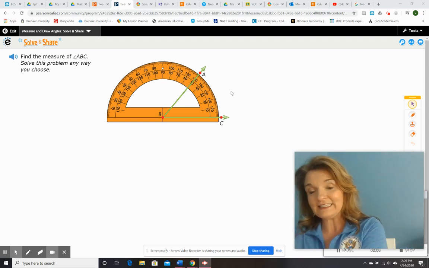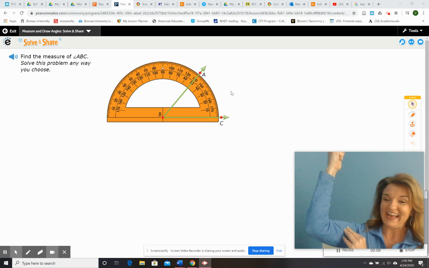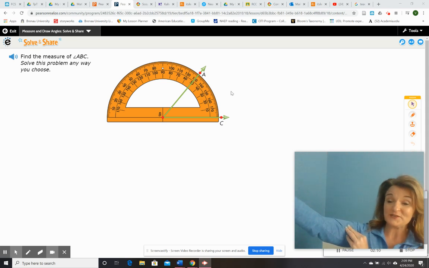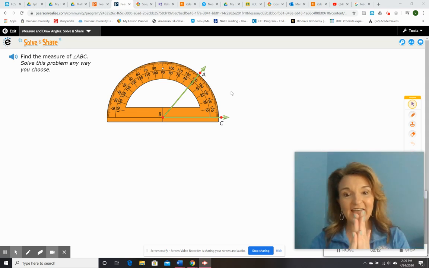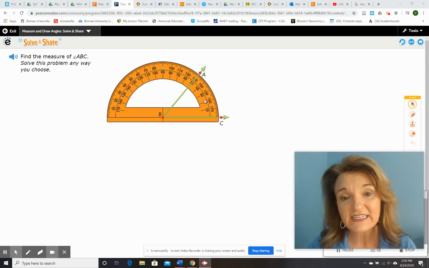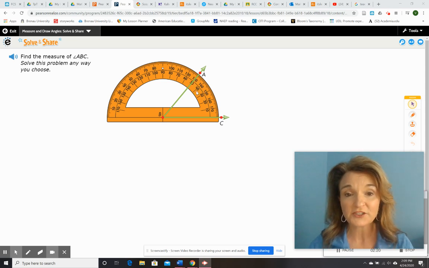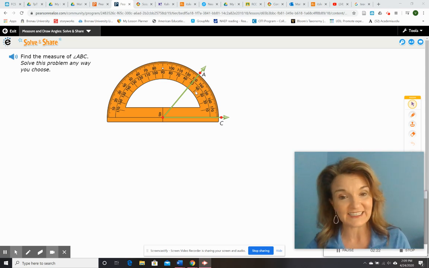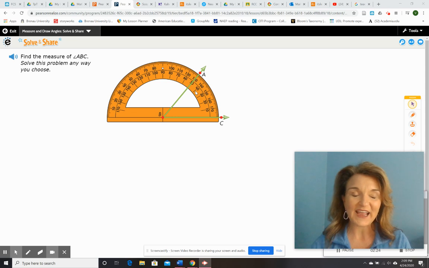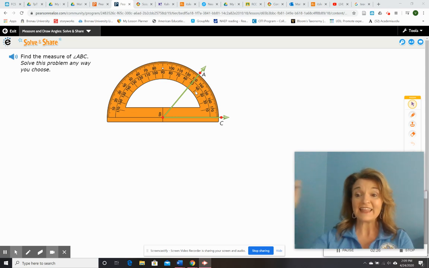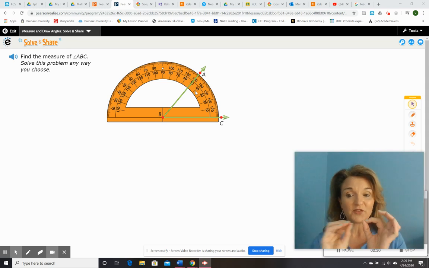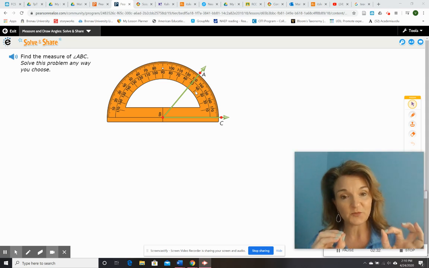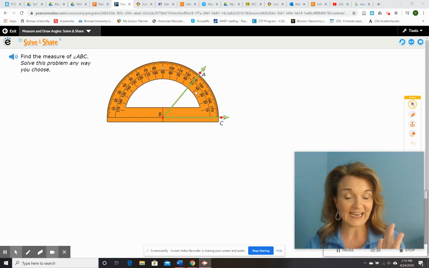There's the 90-degree angle, and then there's the obtuse angle. If I have an angle that is acute, which means less than 90, I know that the degrees I'm going to use on the protractor will be less than 90 degrees. If I have an obtuse angle, I know that the number of degrees I'm going to use on the protractor will be greater than 90 degrees.